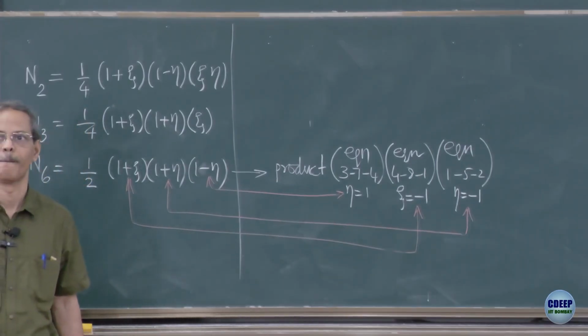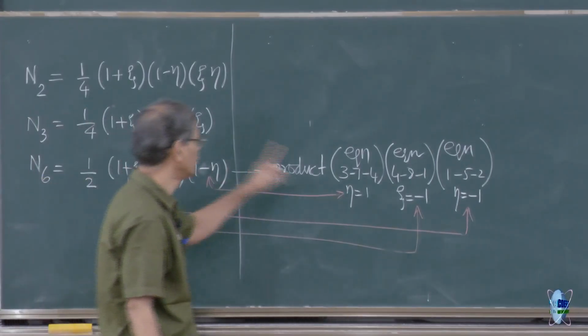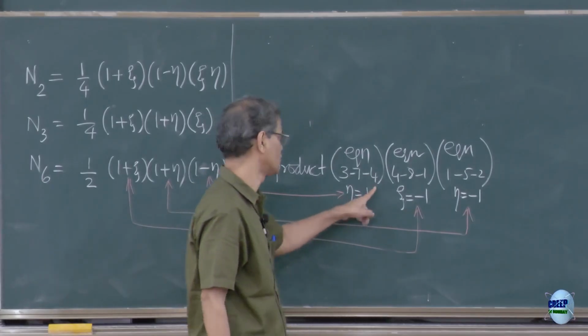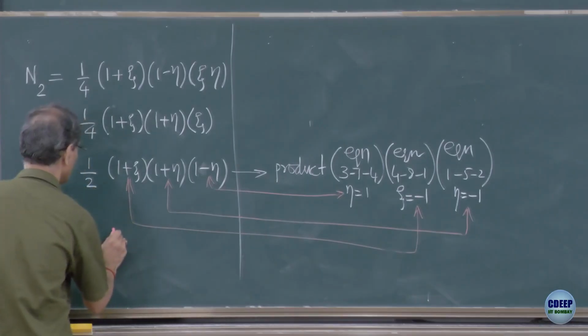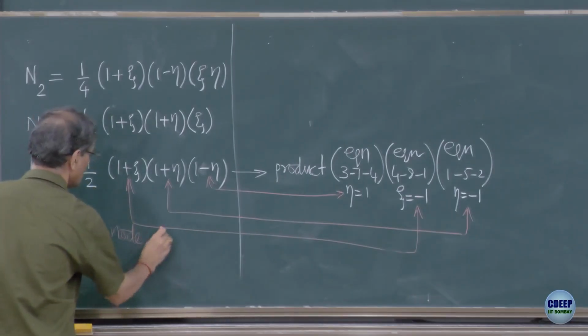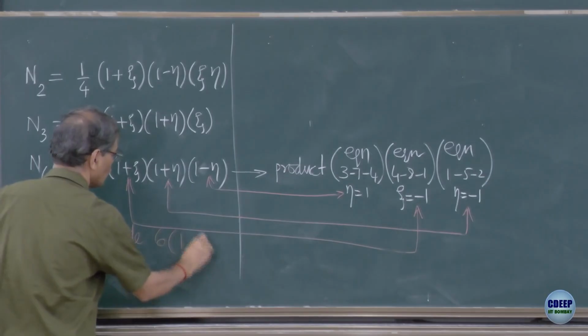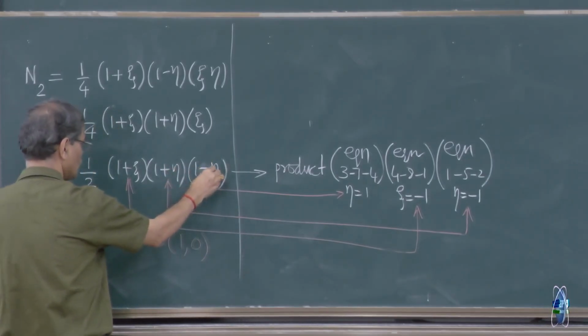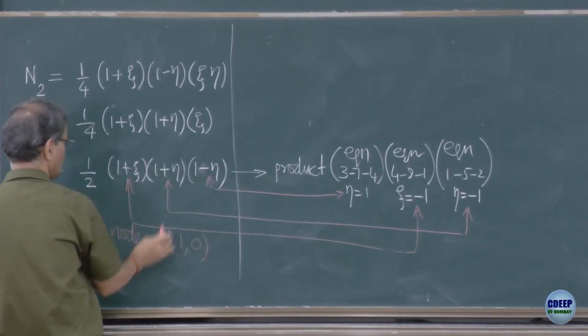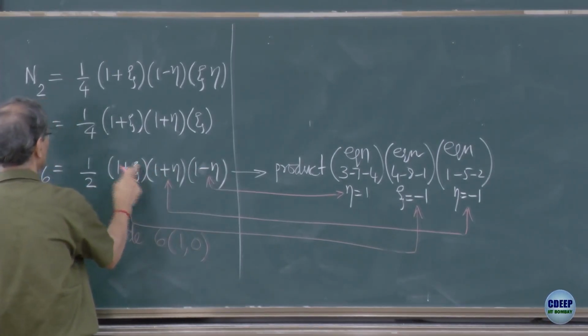Okay. Now I substitute the coordinates of node point 6 in this. Node 6 is 1 comma 0. So when I substitute 0, this becomes 1, this becomes 1. So no problem. Now this is 1, 1 plus 1 is 2, so 1 by 2.